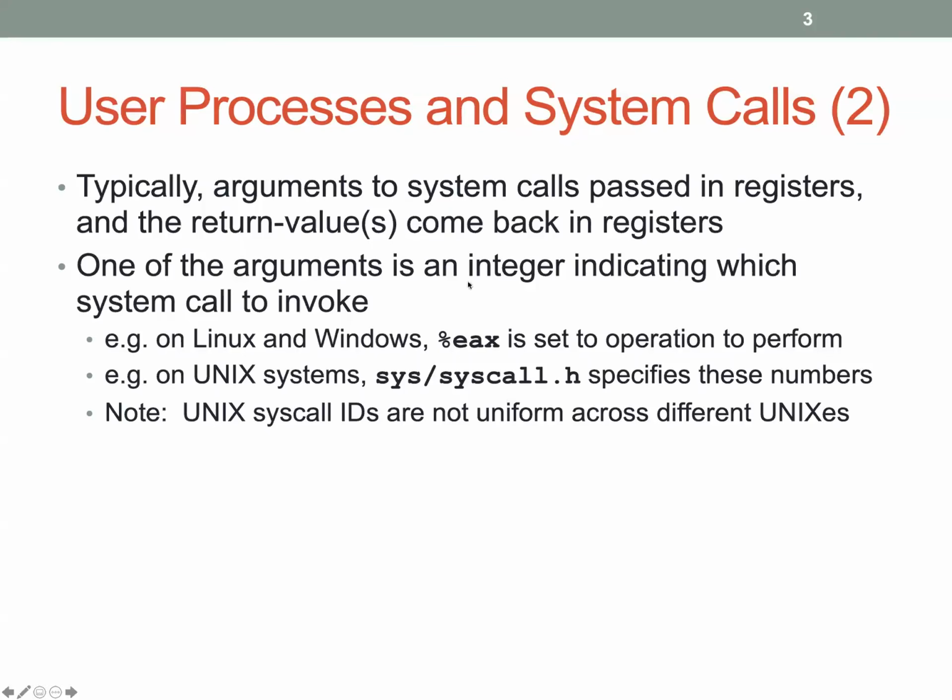Okay, so as it says here, one of the arguments to the system call is a number saying which system call you want to invoke. So on Linux and on Windows, that would be in EAX. So let's stick to 32-bit. It would be in EAX. And that just says this is the operation I want to perform. And so you can have any number of arguments up to typically 6.